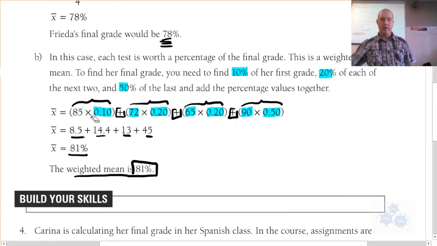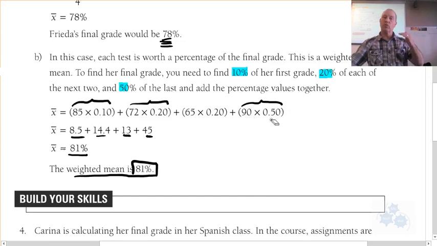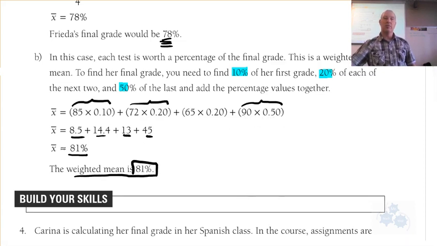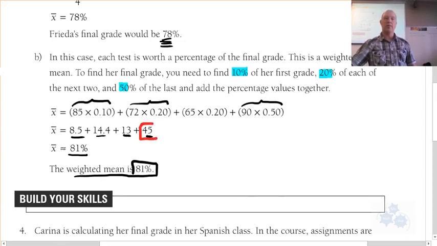This person did really well on the test that was worth the most. You see that? That mark was a really good mark on a test that was weighted heavier than the others. And so that test yielded the largest portion of her final grade. Look at all those marks she got.